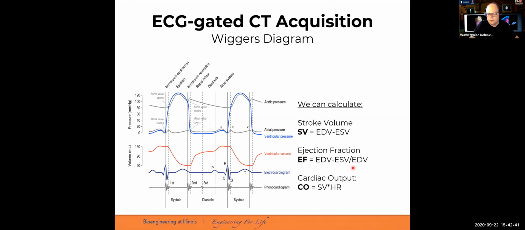Then you can calculate the ejection fraction and express it as a percentage, so multiply by 100%. And then there is the cardiac output, which is the volume that the heart outputs, so it's the stroke volume multiplied by heart rate. These are important parameters which need to be measured using diagnostic tools.